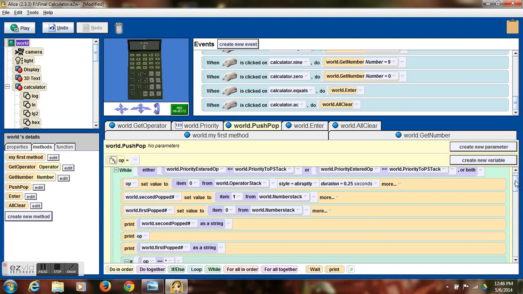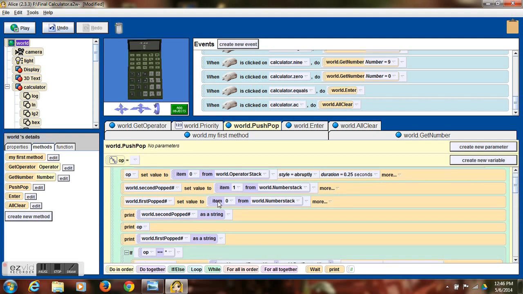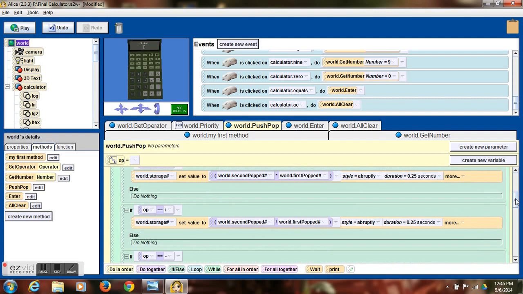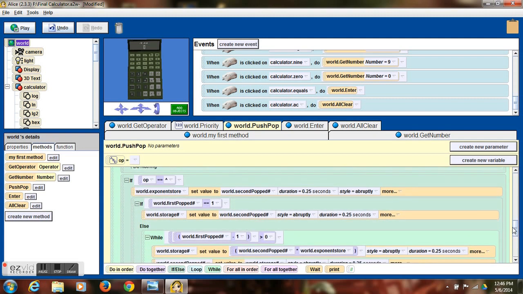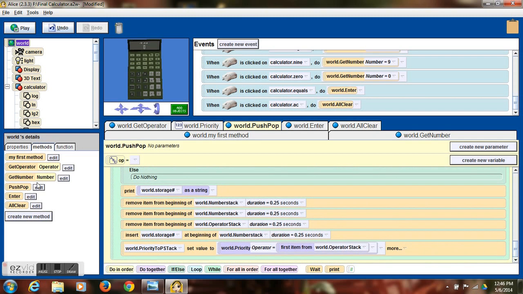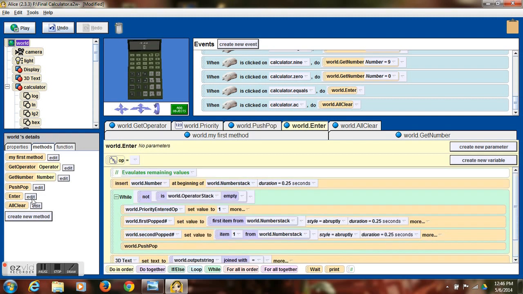And here it's a loop, so if the priority of the entered operator is less than that, it would have to continuously push and pop the numbers until it satisfies the condition where the priority is greater than the one on the top of the stack. And then here we have enter. Enter is for when we have finished entering our expression, and then you just push enter to evaluate.